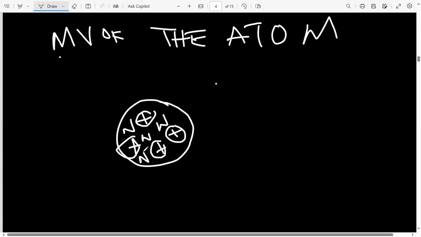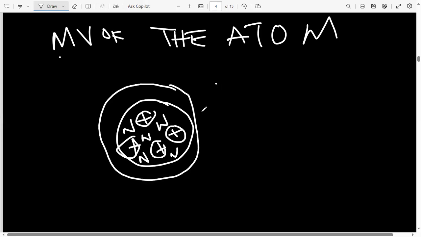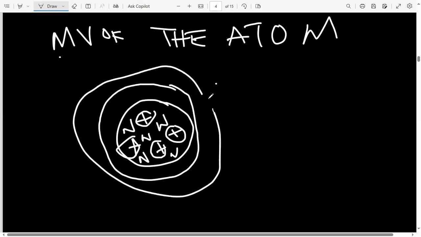And then around this nucleus here, you have what we call energy levels, okay? And in these energy levels, we find what we call the electrons, okay? So these electrons here have a negative charge, okay? And then the protons have a positive charge, and these neutrons here have a zero charge, okay?